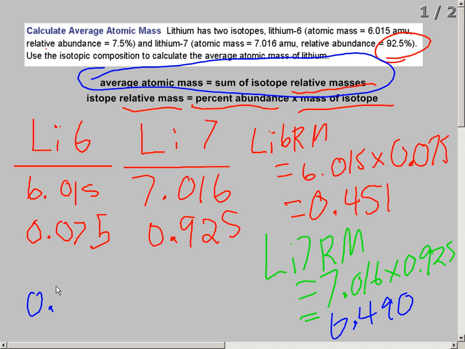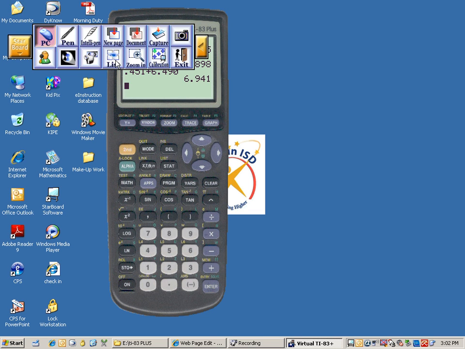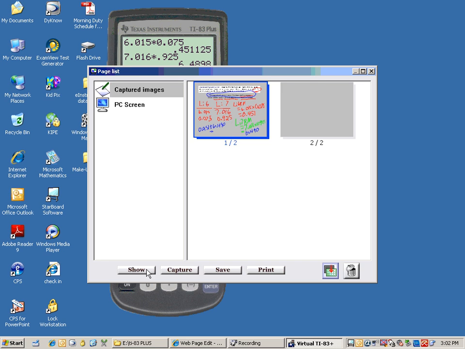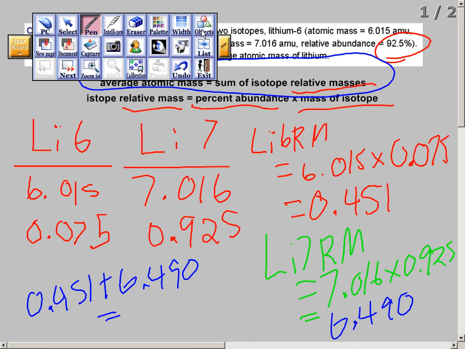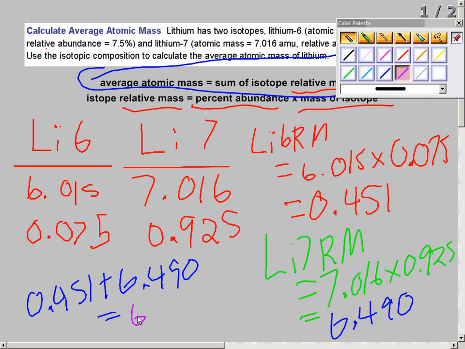So 0.451 plus 6.490 is 6.941. And that is the answer. That is the average atomic mass.